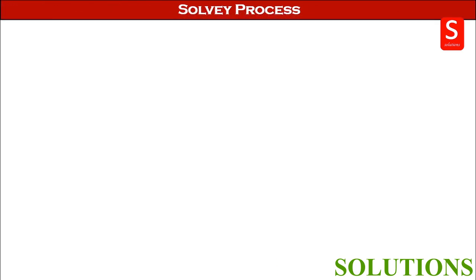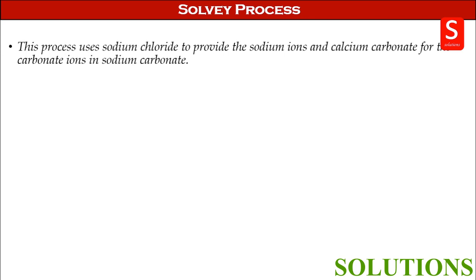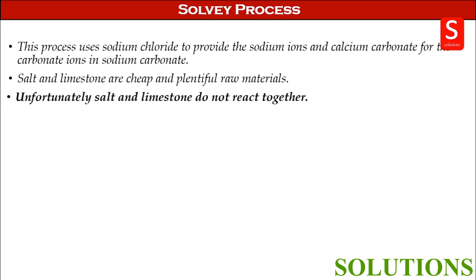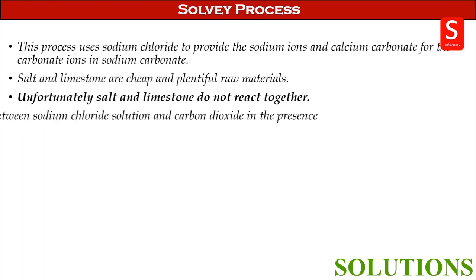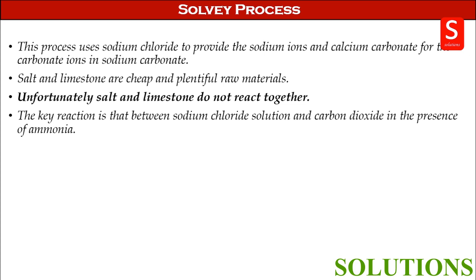Solvay process. This process uses sodium chloride to provide the sodium ions and calcium carbonate for the carbonate ions in sodium carbonate. Salt and limestone are cheap and plentiful raw materials. Unfortunately, salt and limestone do not react together. The key reaction is between sodium chloride solution and carbon dioxide in the presence of ammonia.